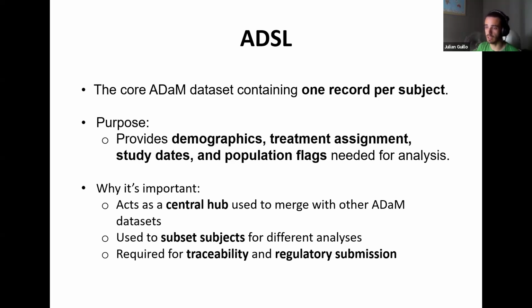It's very important because it acts as a central group and it can be later merged with other ADaM datasets to do other types of analysis. And it's also required for traceability and regulatory submission, because this one is directly derived from SDTM and metadata.